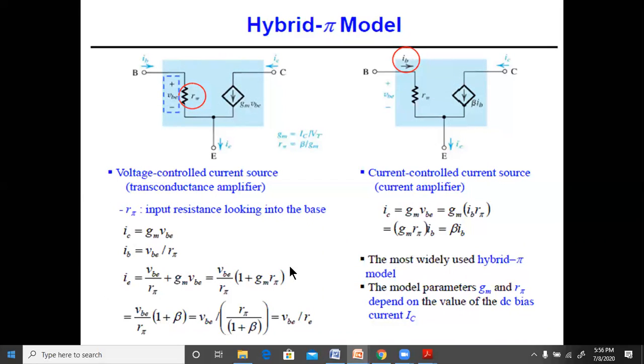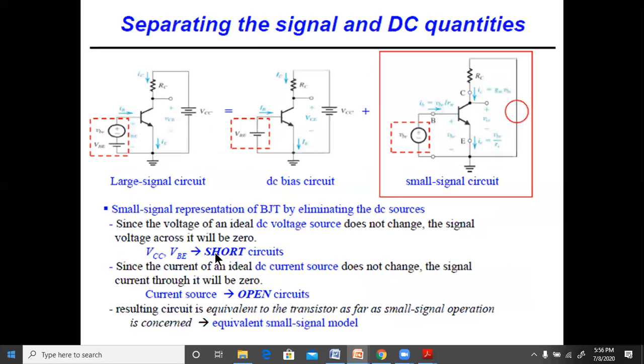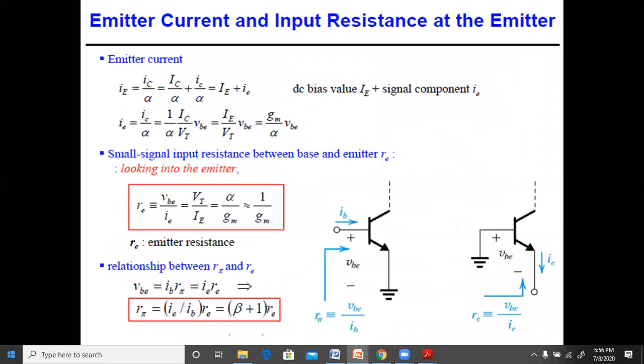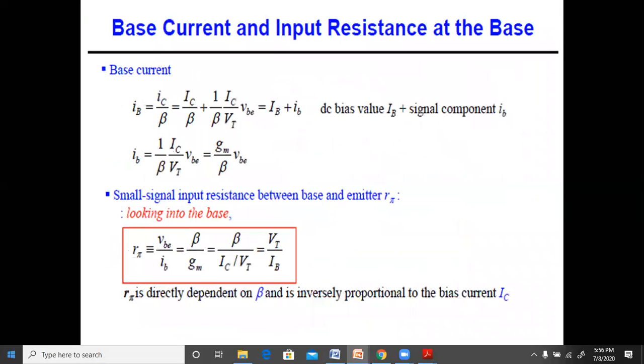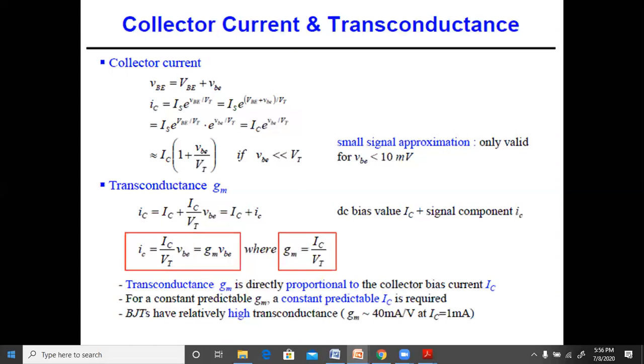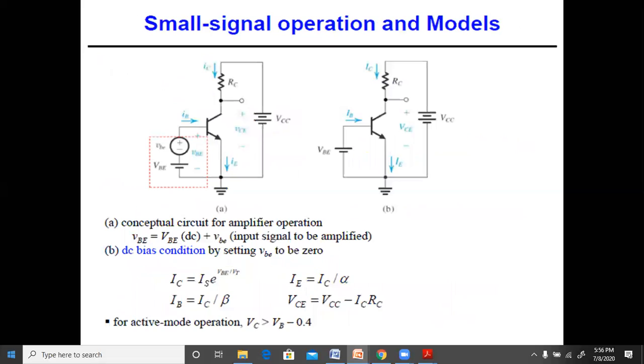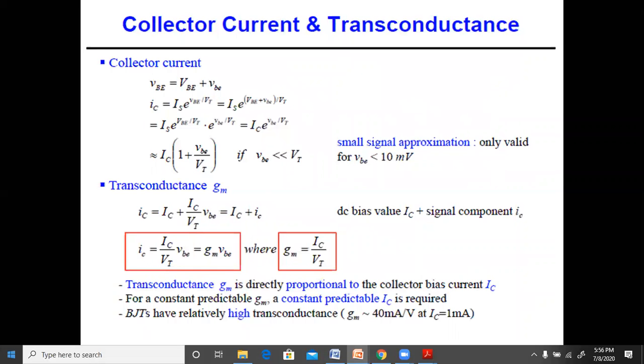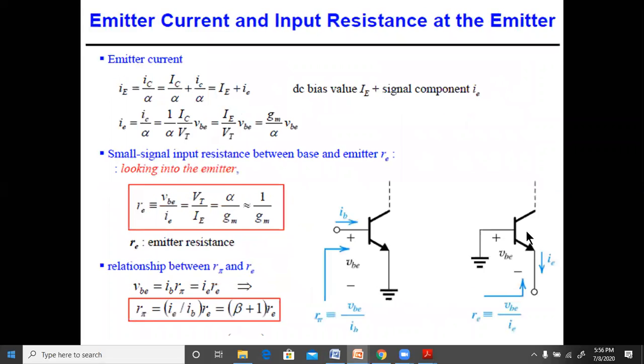So for that, we'll try to write these expressions. This we already derived. IC is equal to GMVB, and IB is equal to VB by R pi, from the earlier class. IC is equal to GMVB is already there.